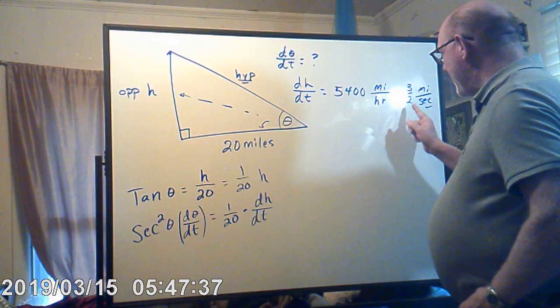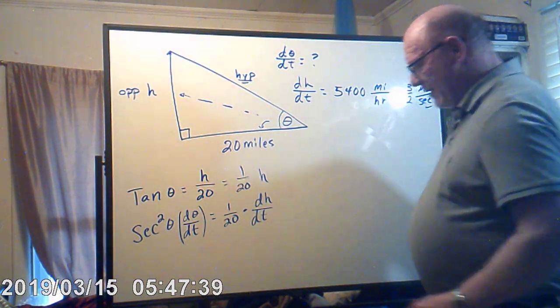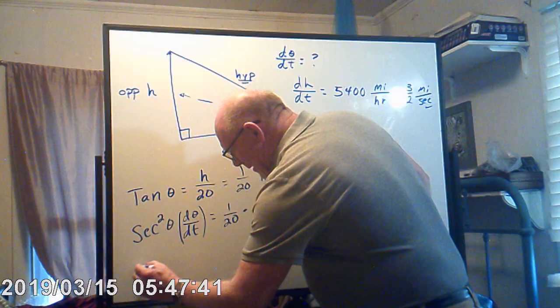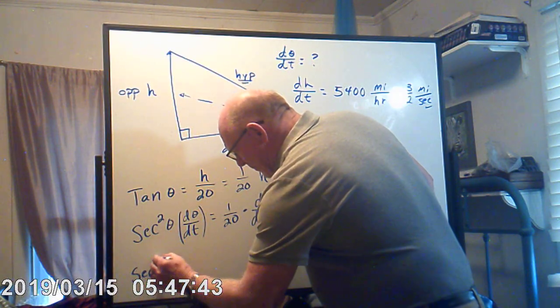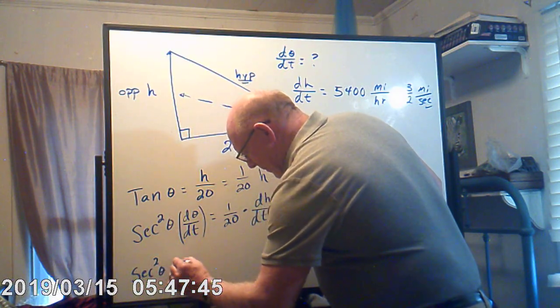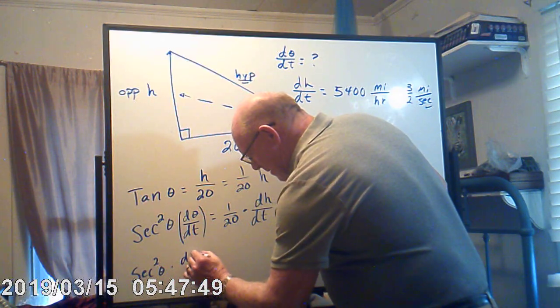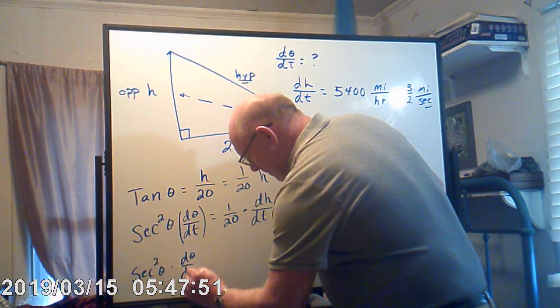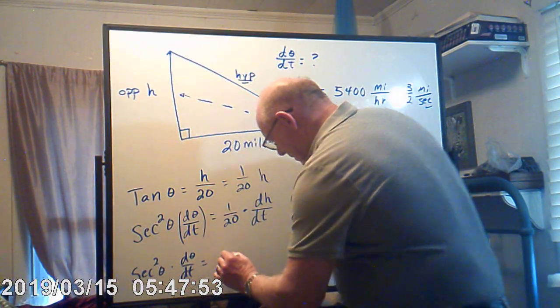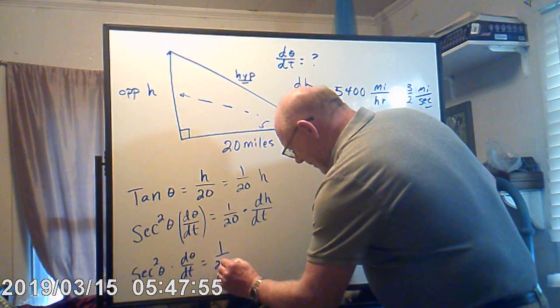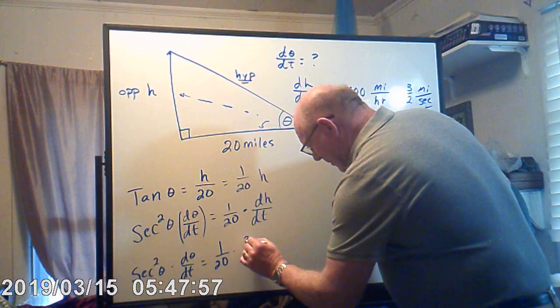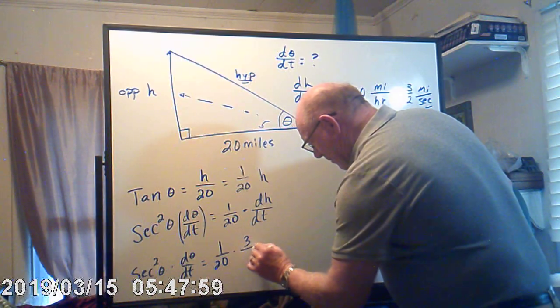That's going to be 3/2. Alright, so secant squared times 1/20th times 3 over 2.